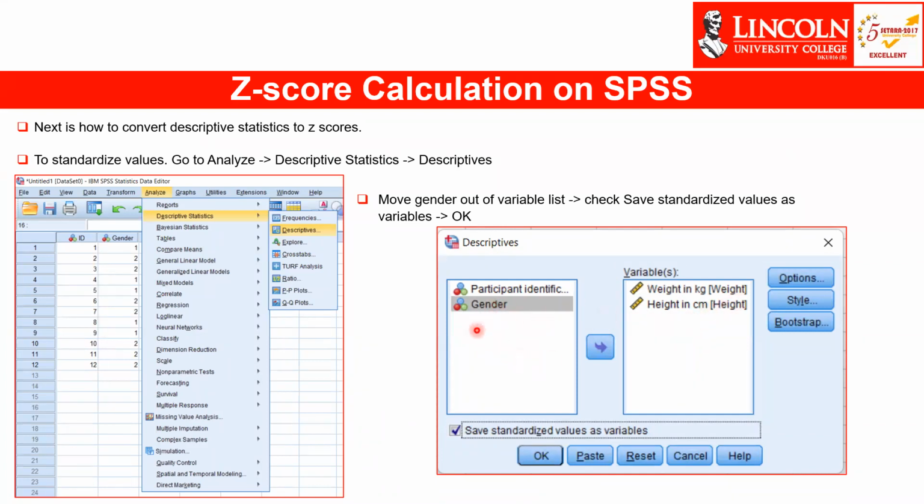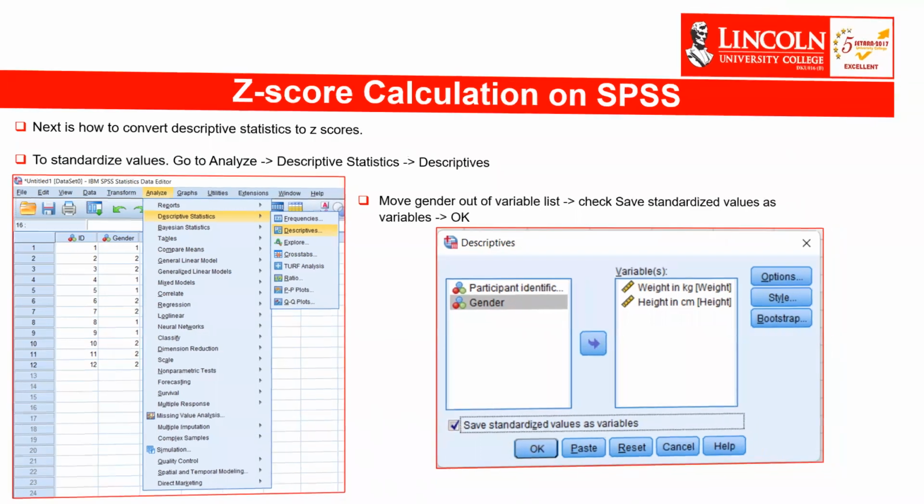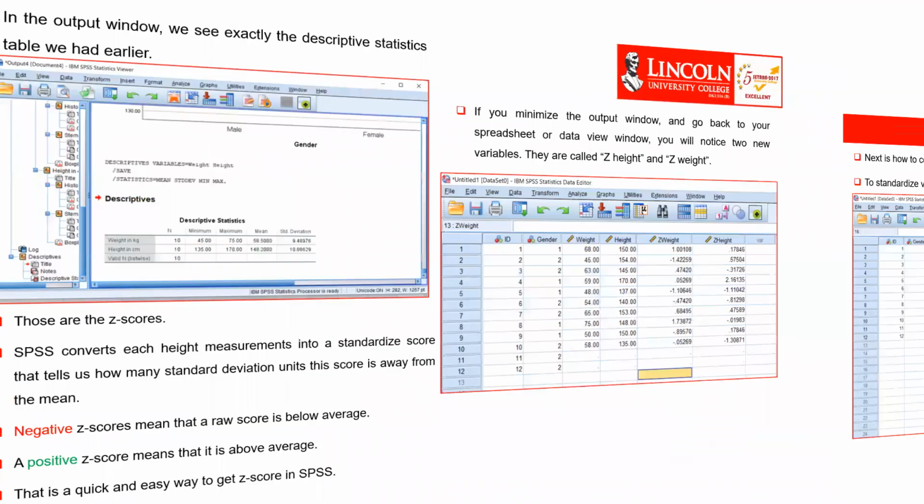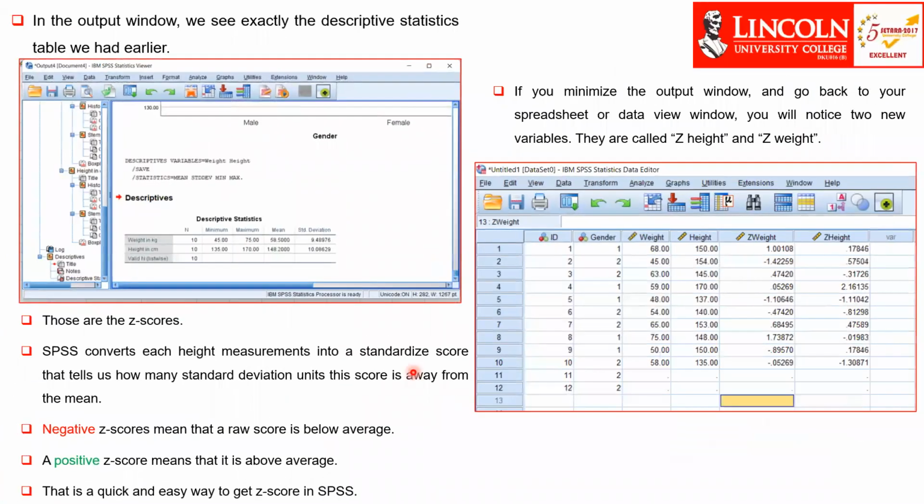You can just drag and drop it here, or click on it and click on this button to move it, or you can just double click on it and it will go back to this place. Make sure you check this place, and click OK.